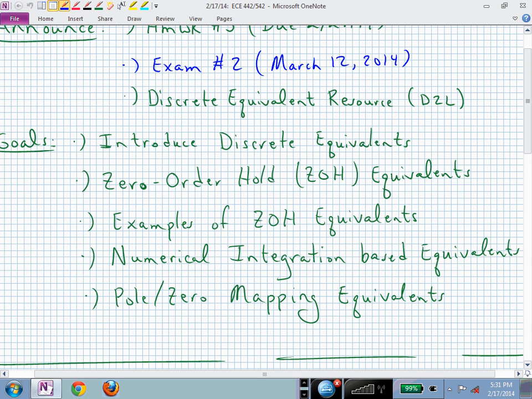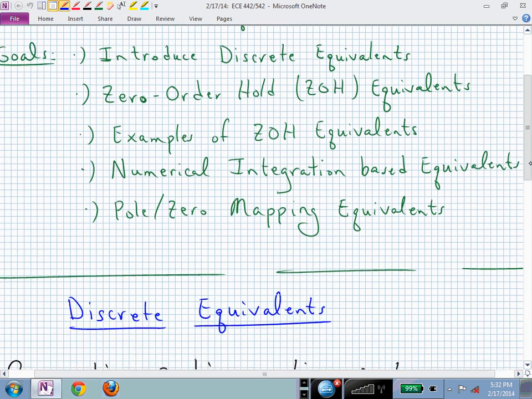We'll look at some particular systems preceded by a zero-order hold and try to find this G of Z. Now we're trying to find transfer functions in the Z transform variable, G of Z. And how do we get there? There are other ways to do discrete equivalence, and those are numerical integration and pole zero mapping.